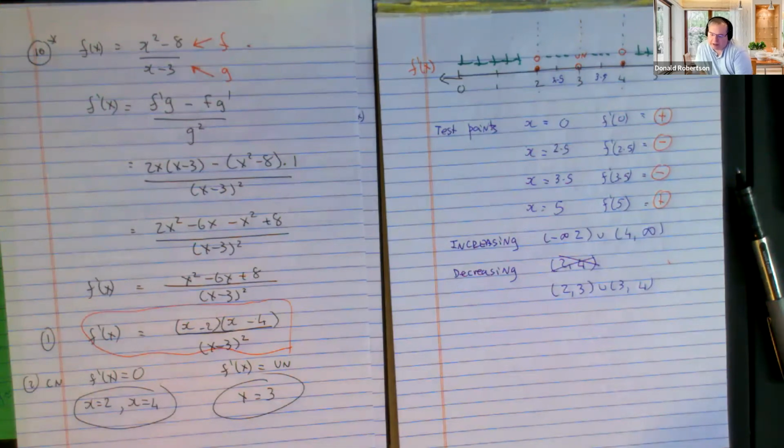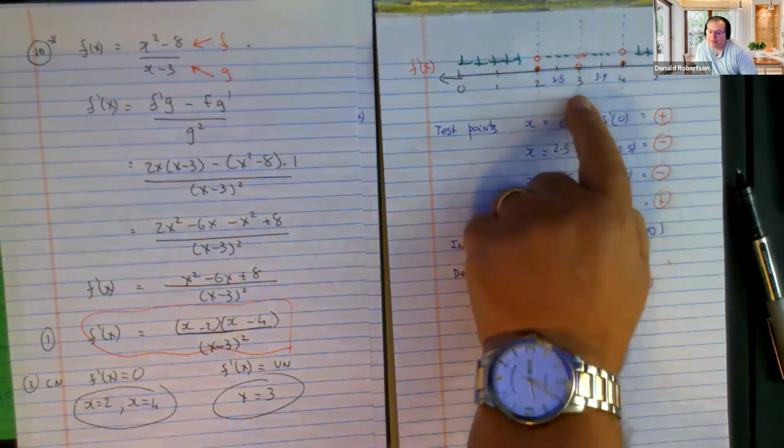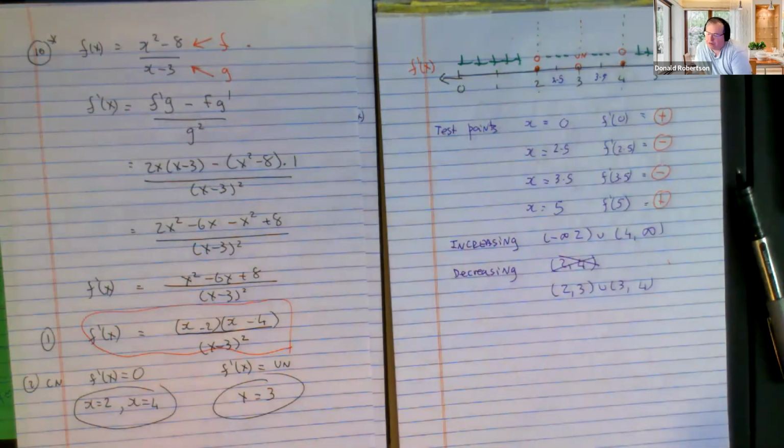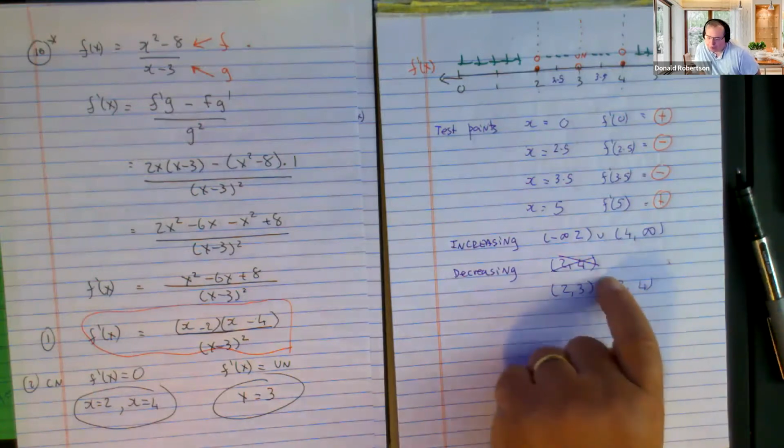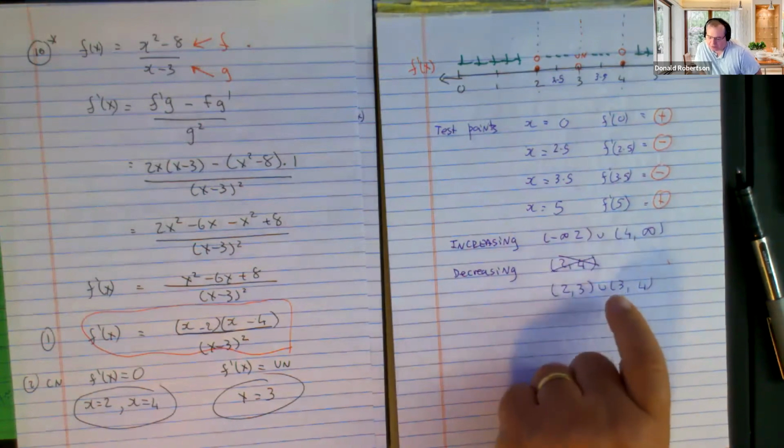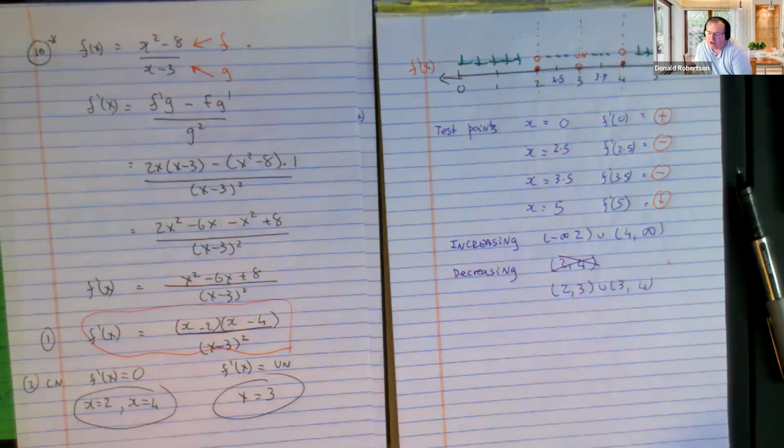And you might say, why? At 3, isn't the function undefined? It's a vertical asymptote. If you're undefined, you do not belong in a place where the function's increasing or decreasing. How can you be decreasing if we don't even know where you are?